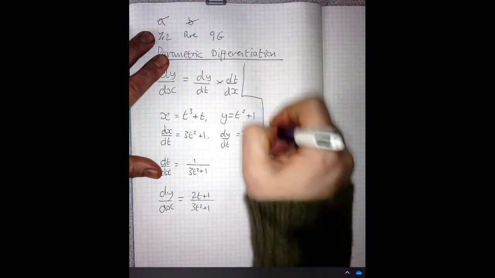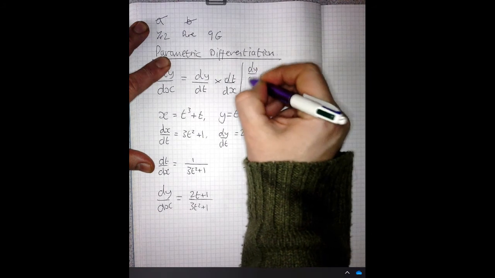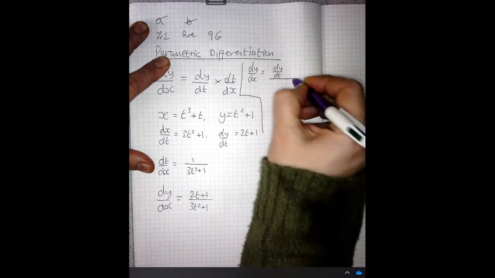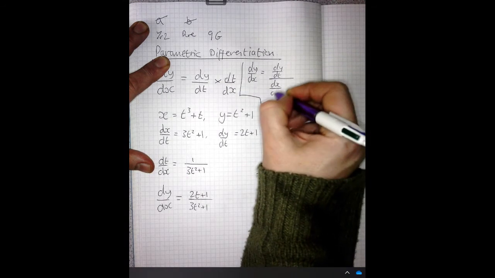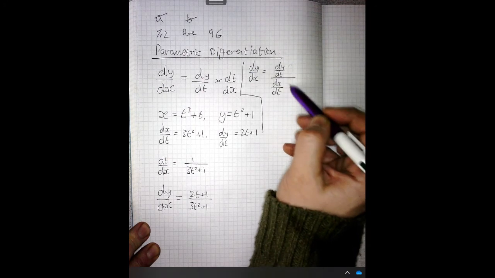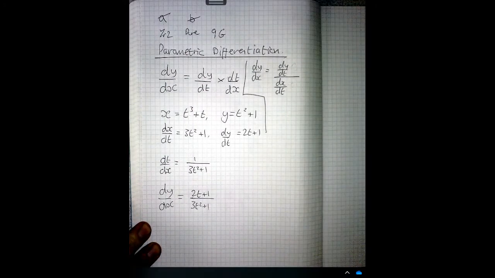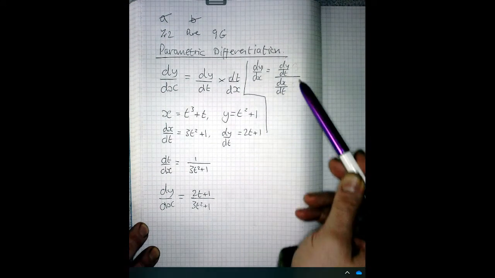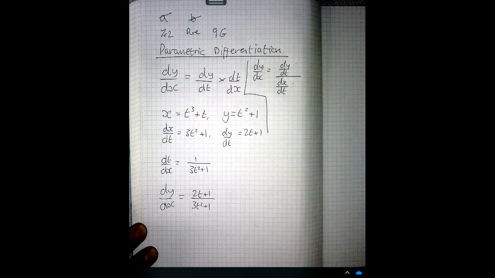The other way we can think of it is dy dx equals dy dt divided by dx dt, because again, if I multiply numerator and denominator by dt, I end up with dy dx. So of course this is the same thing. Multiplying by the reciprocal is the same as dividing by a fraction.